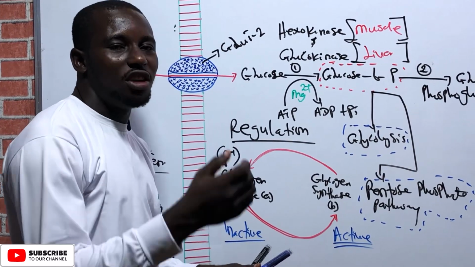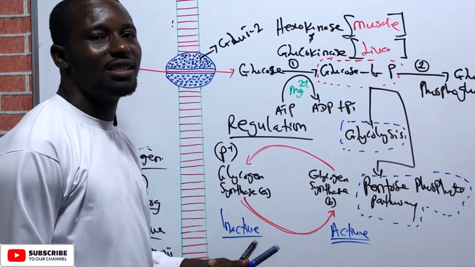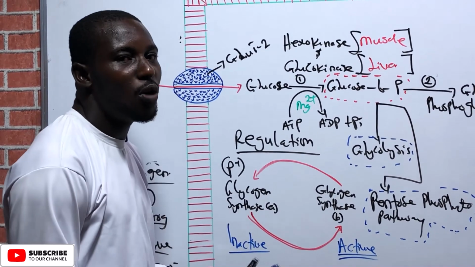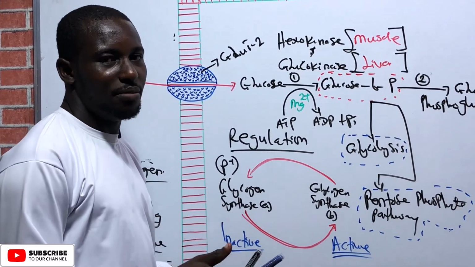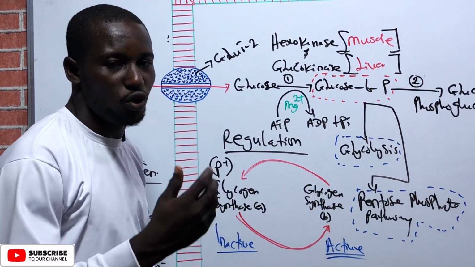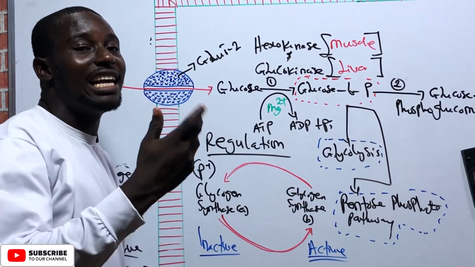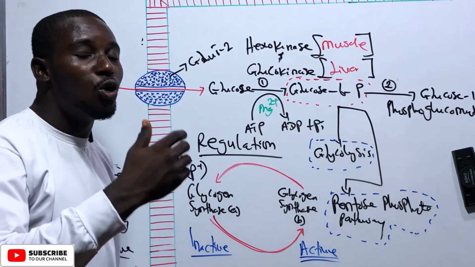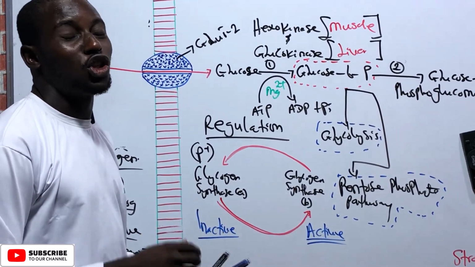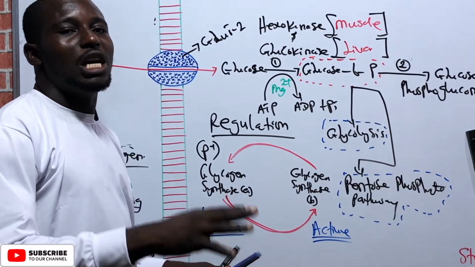Recall that insulin and glucagon are counter-regulatory hormones. So when you are in a well-fed state, that is hyperglycemia, there is a high insulin to glucagon ratio. That is what is happening in this system, because you are in a well-fed state.